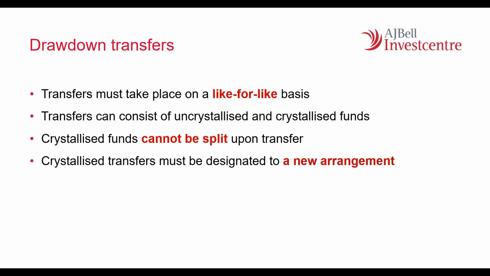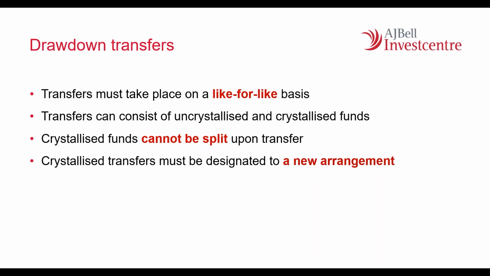So generally speaking, any pension transfers have to be on a like-for-like basis. Uncrystallised transfers will go from an uncrystallised fund to an uncrystallised fund. Drawdown will have to go to drawdown. If you have somebody who is in capped drawdown under their original scheme and you're doing a transfer, it will be on a like-for-like basis.